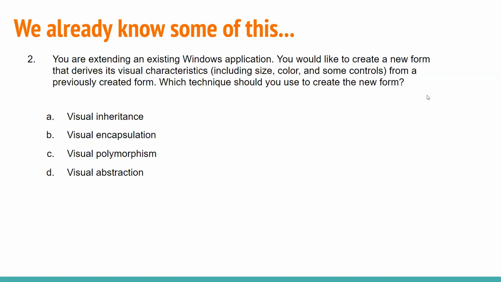So I want to derive some visual characteristics from a form that I previously created. Which option would we use? Okay, interesting bet. Do we have to go that complicated, Yusuf, though? Let's see. Okay.